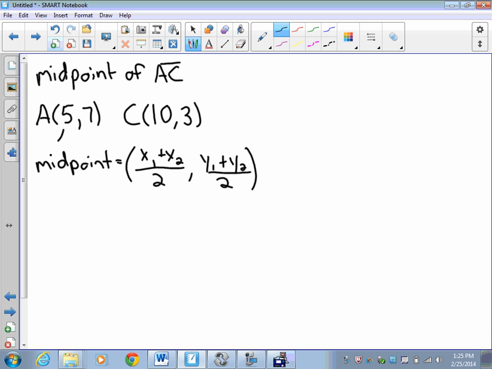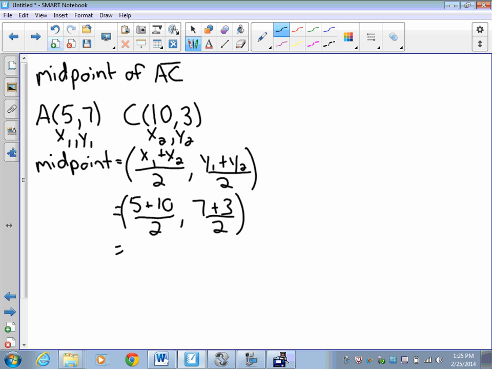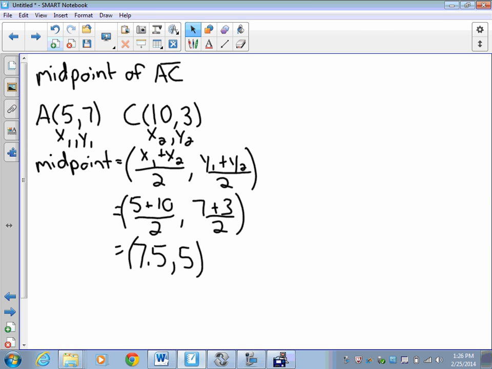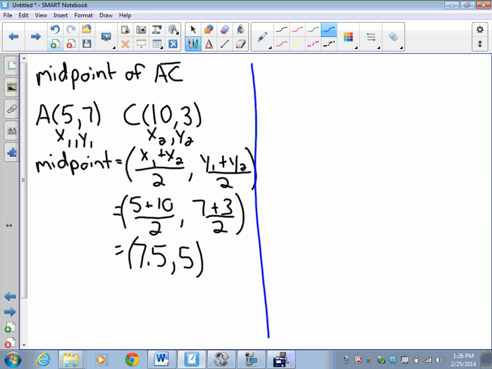A lot of the things that we learned earlier in the year are coming back. So whenever we substitute it, we get that. And it's going to be (7.5, 5). So we need to verify that this is also the midpoint of BD.